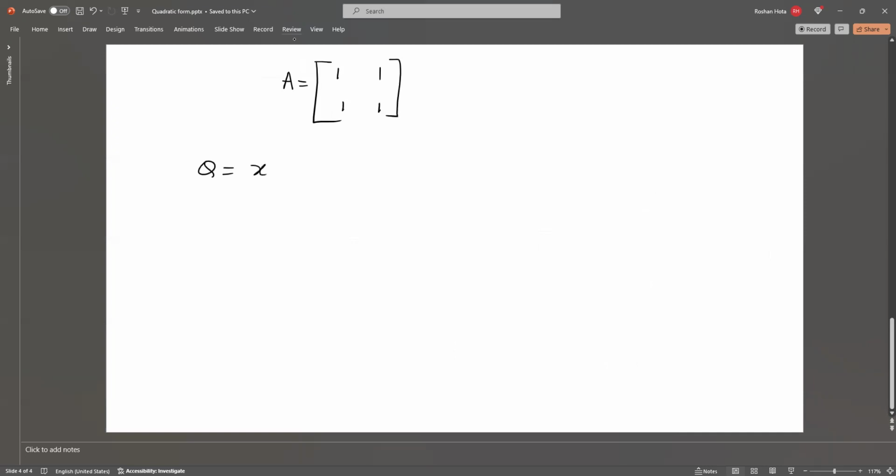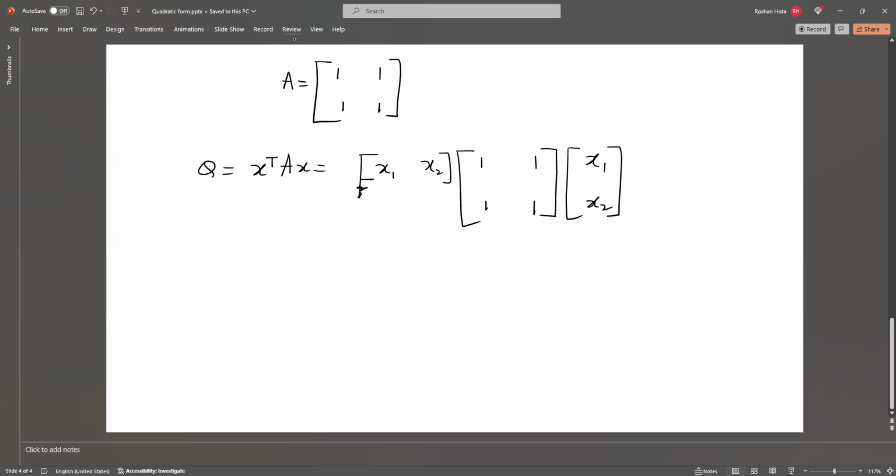And again, Q is equal to X transpose A X. X is x1, x2. A is 1 at all the 4 places, and again x, doing the same kind of matrix multiplication here.